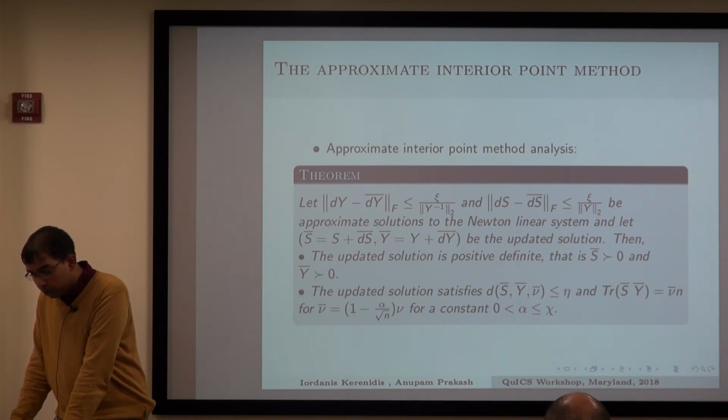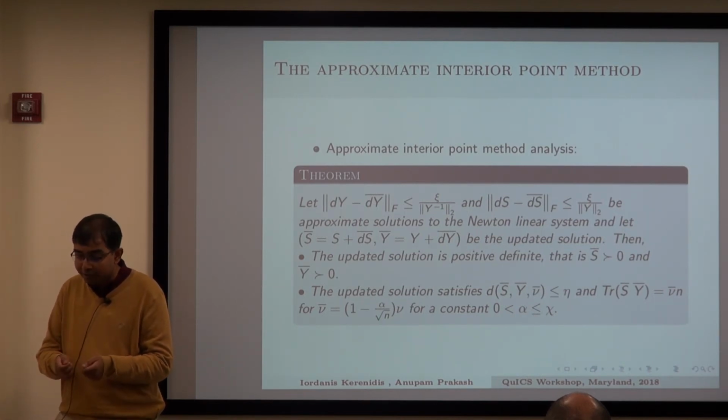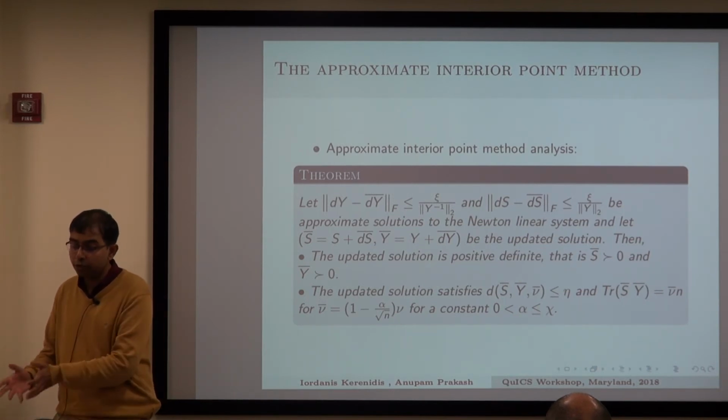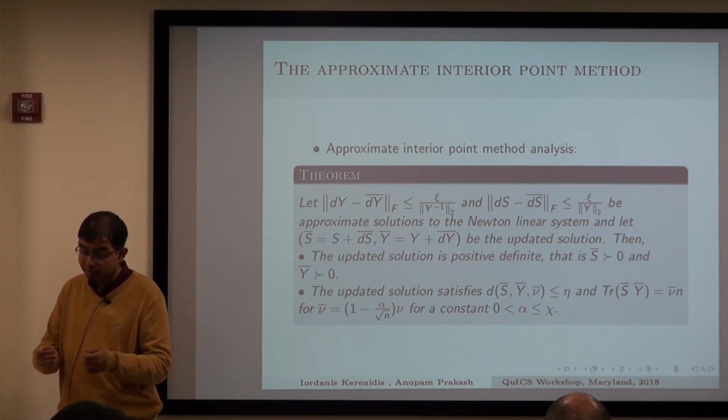In the quantum method, one needs to analyze this classical method in an approximate setting. We don't have the solutions dY and dS to the Newton linear system, but we have reconstructions of them from the tomography algorithm. So we have dY bar, where the Frobenius norm of dY minus dY bar is bounded by something.